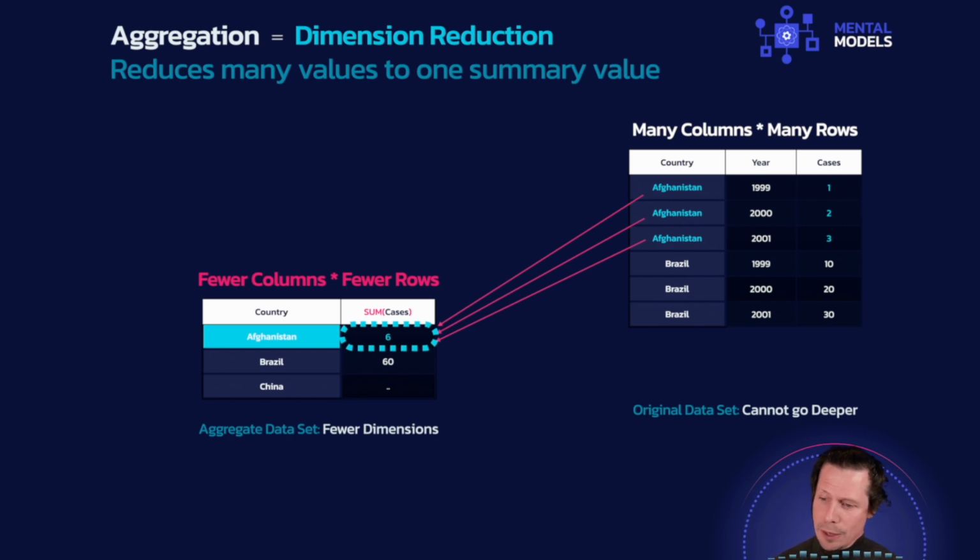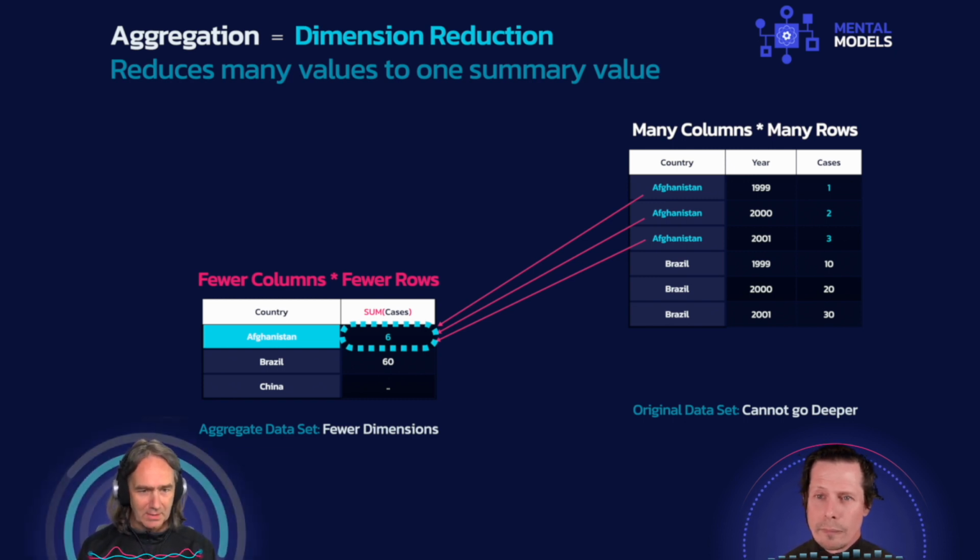It's taking what was many cases in the original data set and creating this new aggregated query result that has one value, in this case the number 6 for the country Afghanistan, that is a single summary value, an aggregate value that's representative of many values that existed in the previous, more granular data set that we were connecting to.